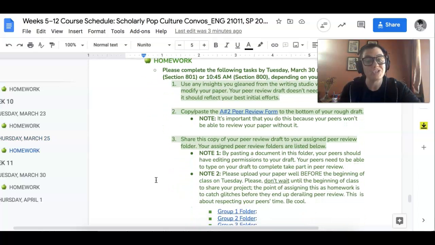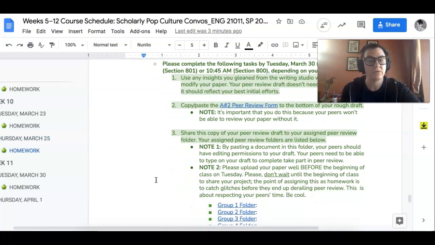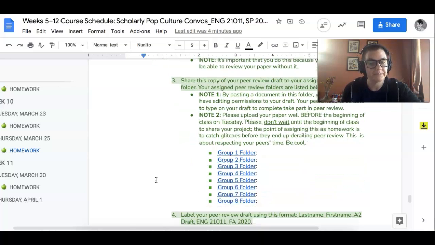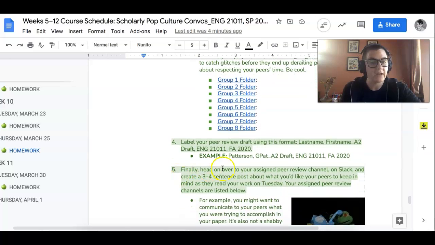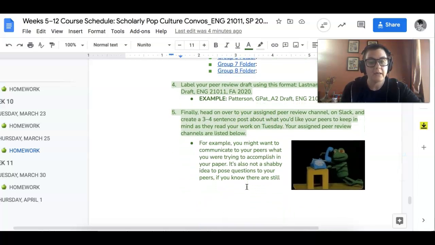And then I want you to share your assignment draft with the peer review form attached to it to your group folder. Okay. Then obviously once you get that draft uploaded to your group folder, please do use this kind of naming convention.